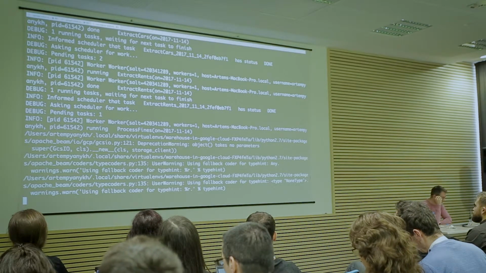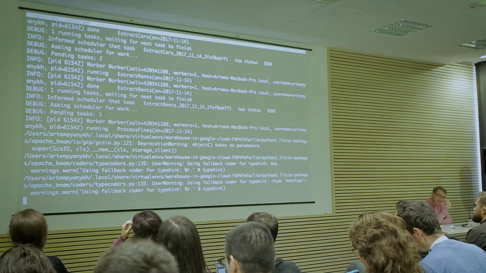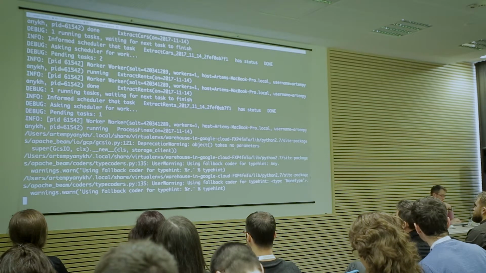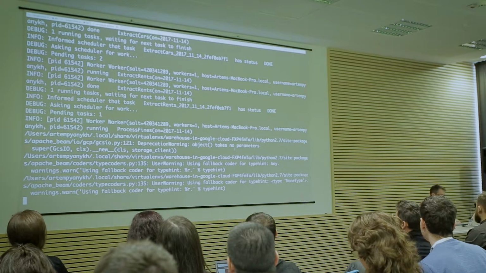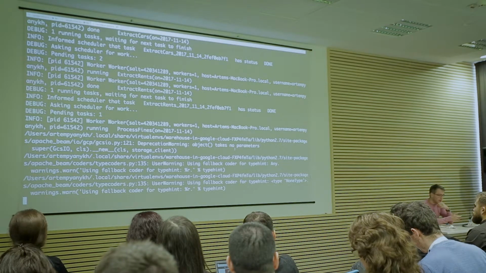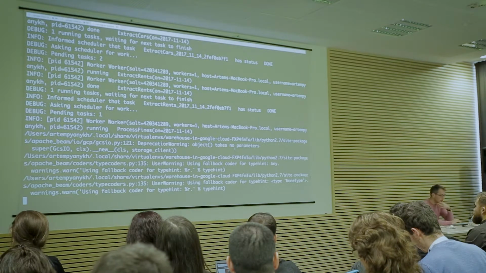Some warnings, don't mind them. As you see, it's a little bit slower than pandas, but not a big deal if you have to process hundreds of gigabytes of data. This is something that you cannot do with pandas, but you can easily do with Apache Beam and a Spark cluster or Google Cloud Dataflow.